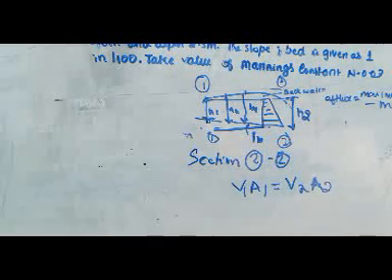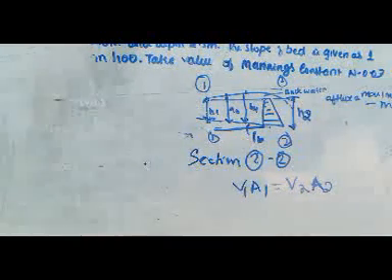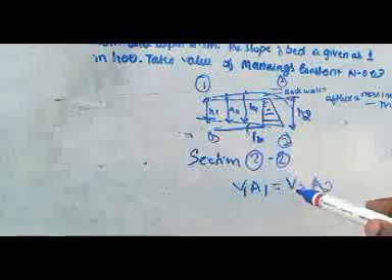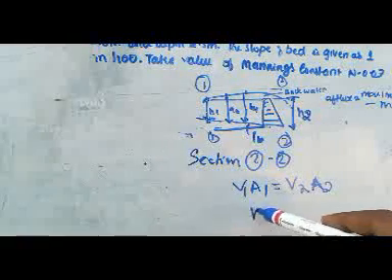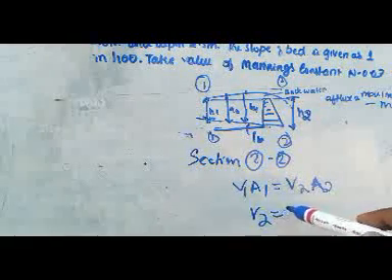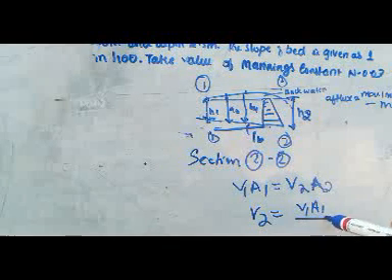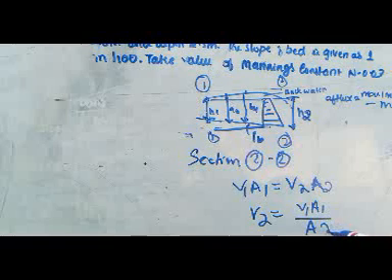For the rectangular channel, A1 and A2 would be almost the same. No, it is the same only, and the formula is V2 equal to V1 A1 divided by A2.